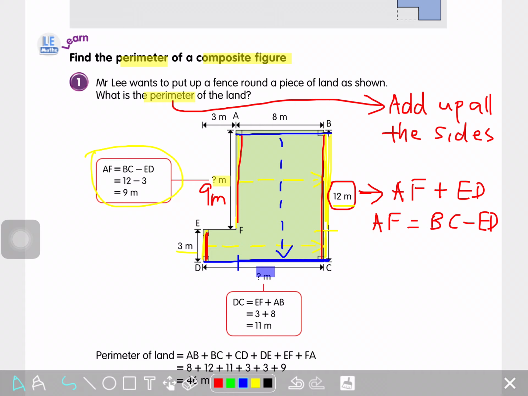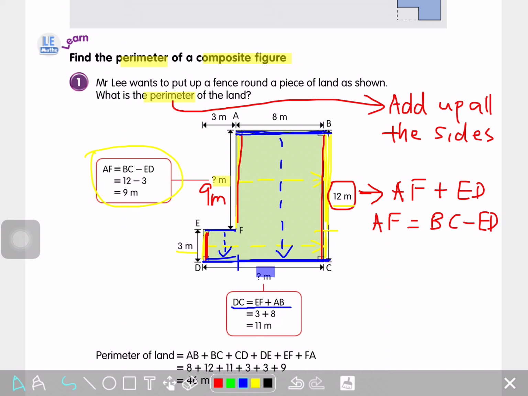So this part here is equal to AB, and the other smaller part, if I look up, is actually the same as EF. I can bring it down. So we can say that DC is made up of AB and EF, and we get this full length here. That's why it's written here: DC equals EF plus AB.